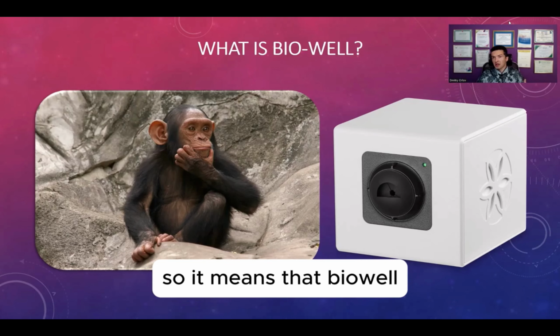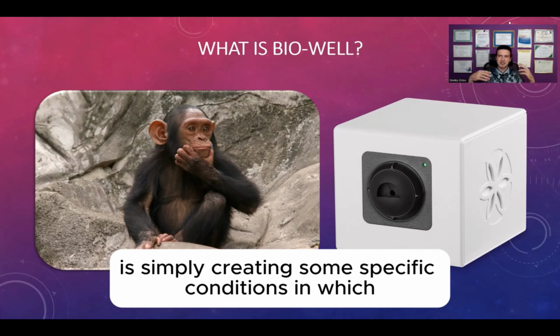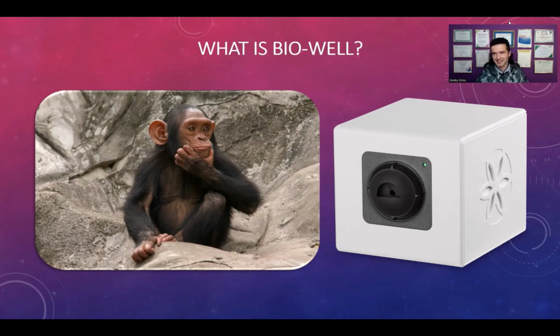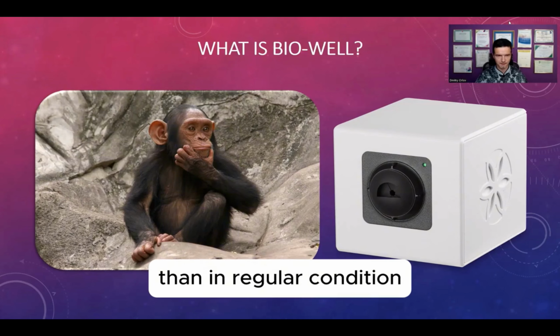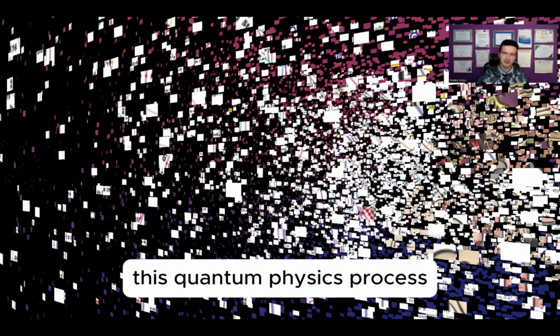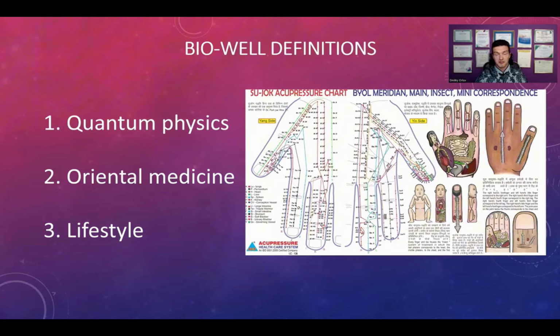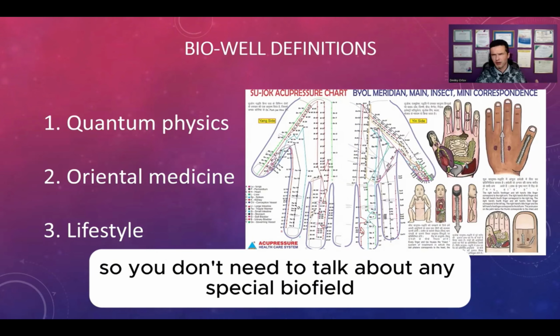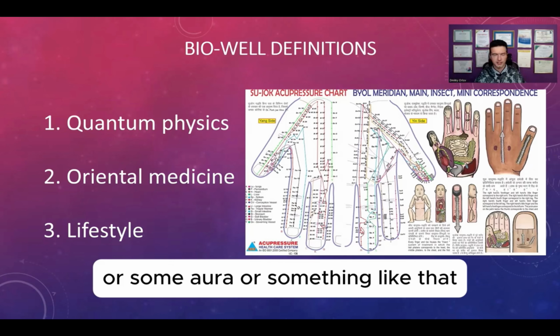So it means that BioWell is simply creating some specific conditions in which these biophotons are emitted more intensely than in regular conditions. If we talk about the overall process, this quantum physics process, in modern physics, it's all understandable. So you don't need to talk about any special biofield or some aura or something like that.